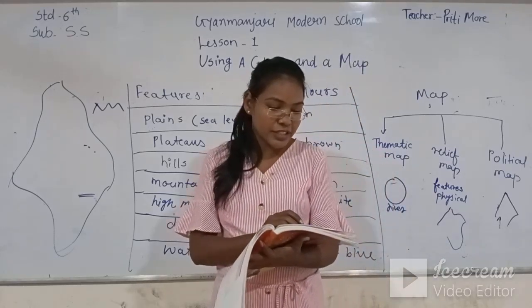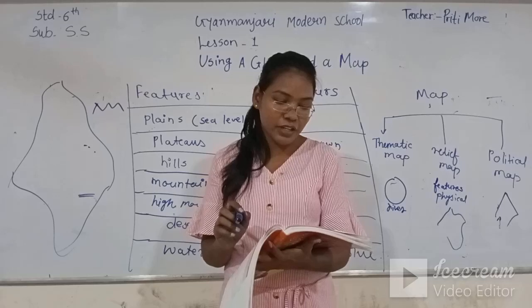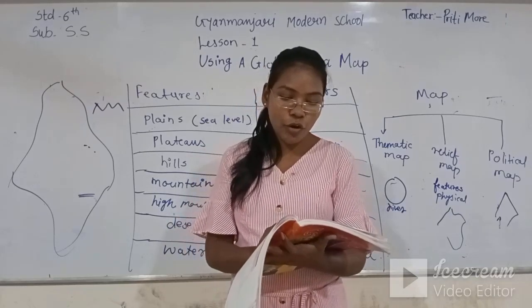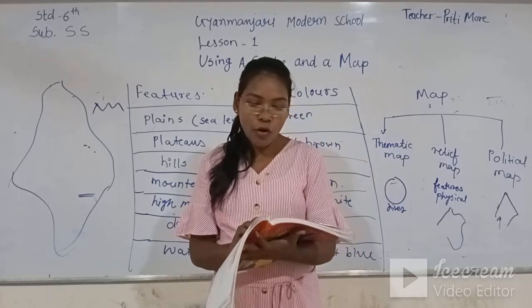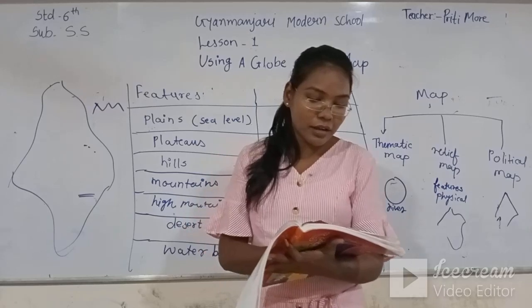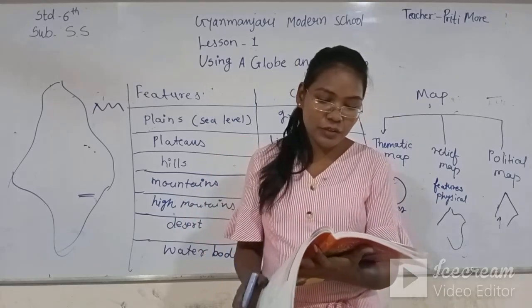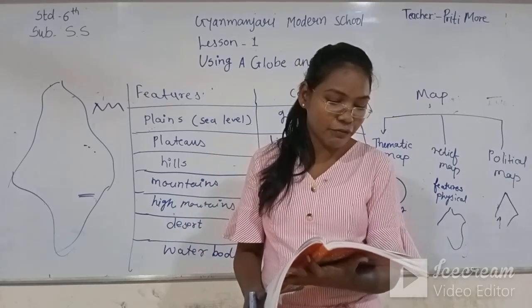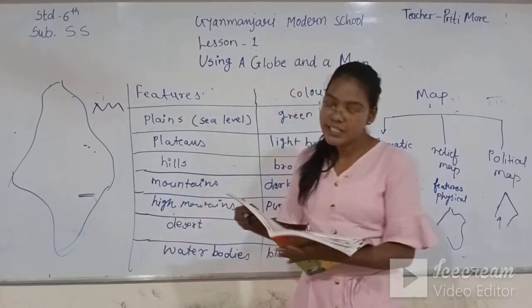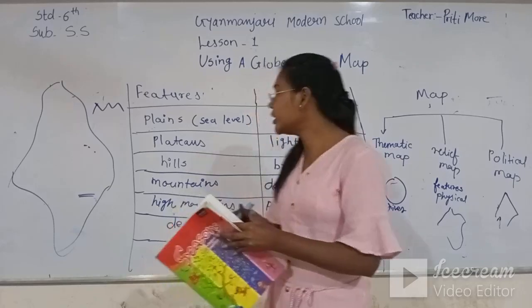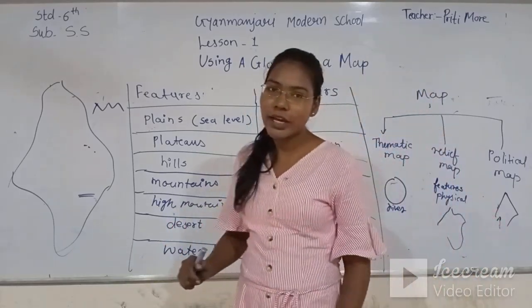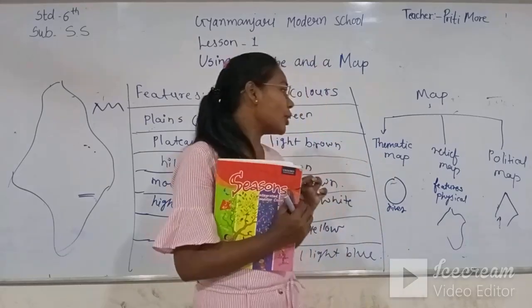We can also say Chennai is at sea level on the coast. Bangalore is at an altitude of 1000 meters, or that the Nilgiris are higher than the Aravalli ranges. We must study the conventional symbols and colors and refer to the index to be able to say all this. That means here also you should know the colors and all the symbols, so you can identify them on the political maps.